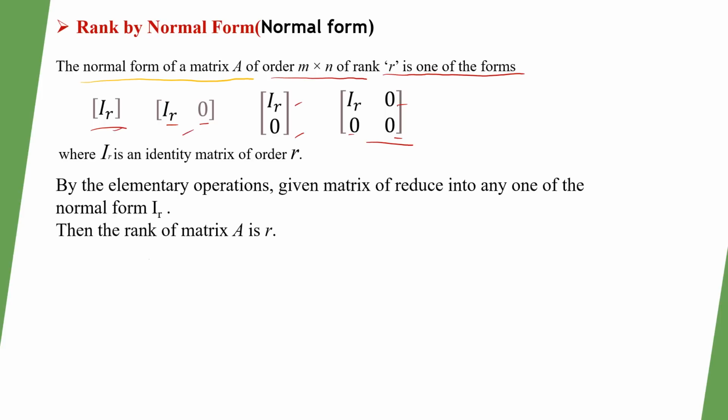These four forms are called normal forms. Here I_R is an identity matrix of order R. By elementary operations, the given matrix is reduced into any one of the normal forms, and the rank of the matrix A is R. If we reduce the matrix into the identity of order R, then we say the rank of the matrix is R.